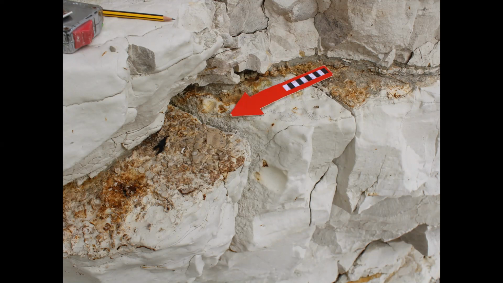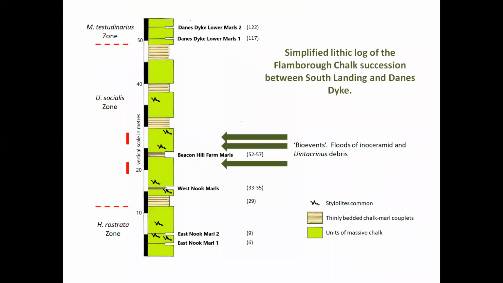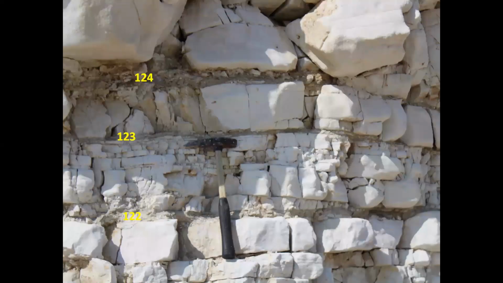As we near Danes Dyke, the chalk beds become more massive and contain two marls, the Danes Dyke lower marls. They mark the start of the Marsupites testudinarius zone.